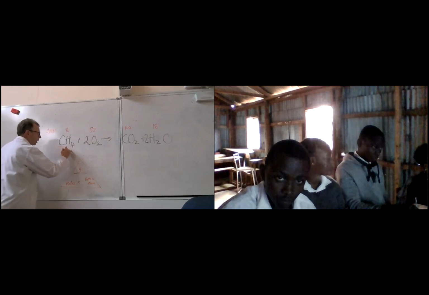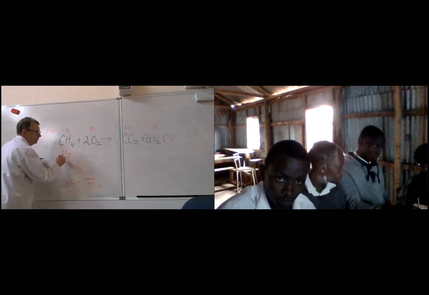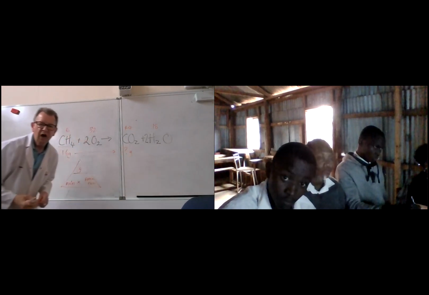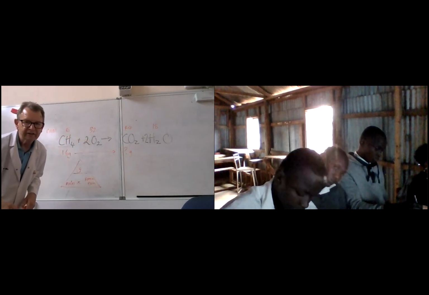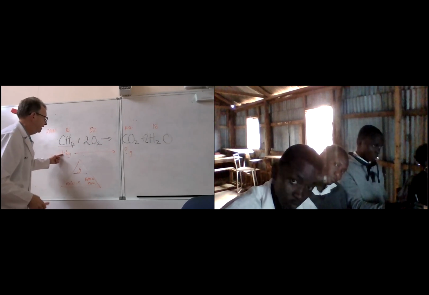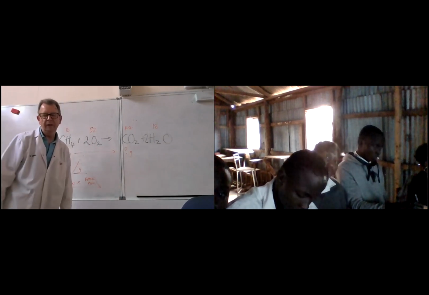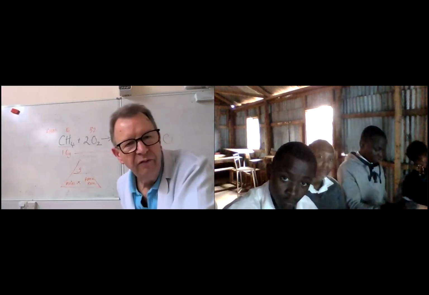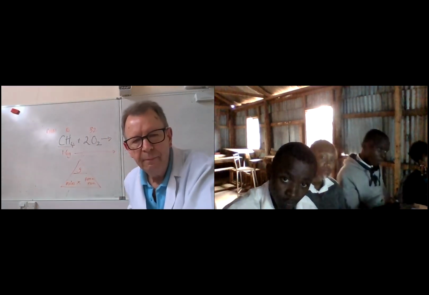If I start with 1.6 grams here, how many grams of carbon dioxide will I get? I'll tell you that the answer is going to be 4.4, but we'll look at why.